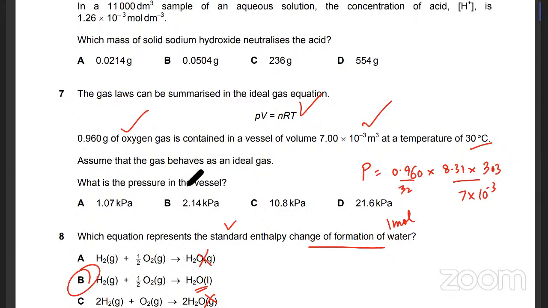So what's the answer? What's the pressure? We divide the mass by the Mr. 10.8. What's the question? We divide the mass by 32. n is moles, right? So you find the moles of oxygen, that's 0.960 divided by 32, which is the Mr of oxygen.